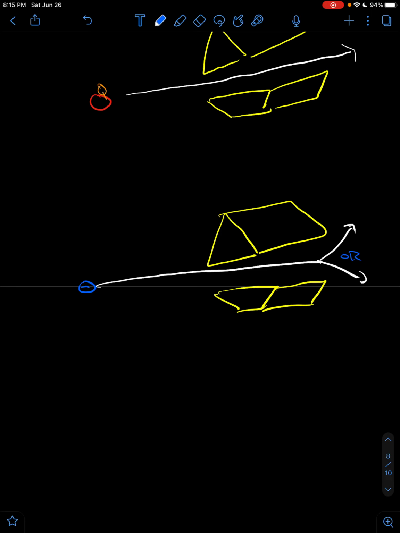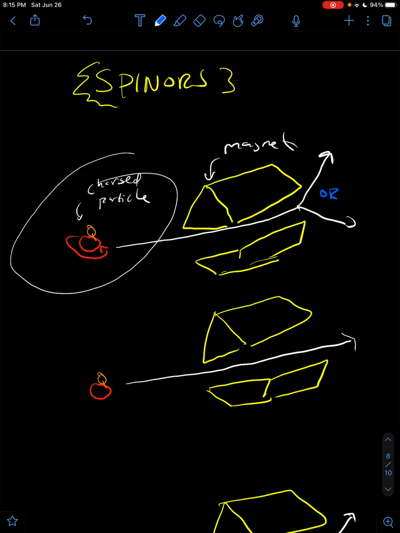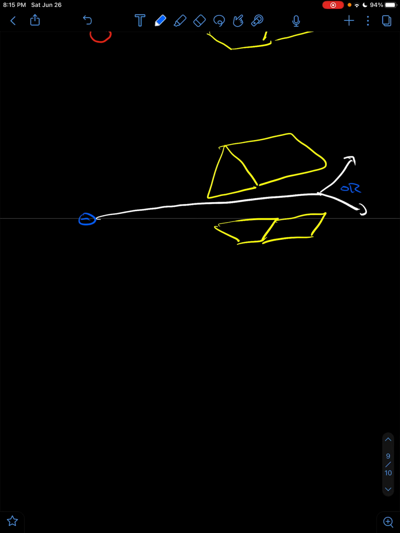And I'll get into that in a second. So basically, we don't know why the electron deflects after it goes through. We think that it should go in a straight line, but that's not what matches experiment. And the electrons cannot spin. So something else must be going on here that we just don't know.